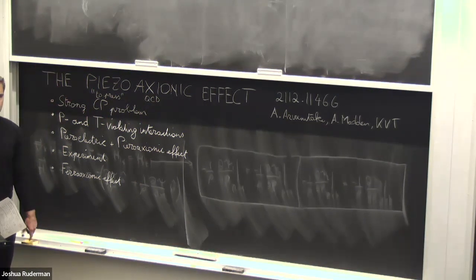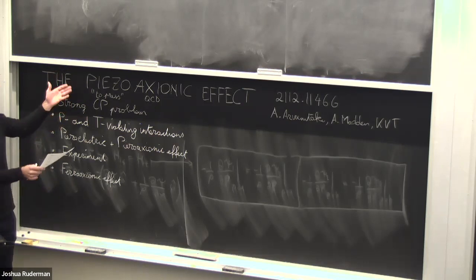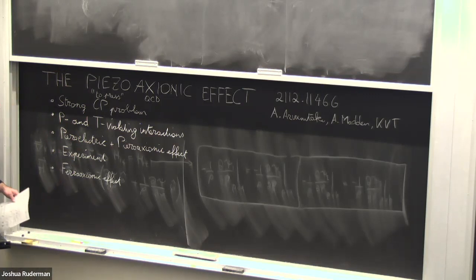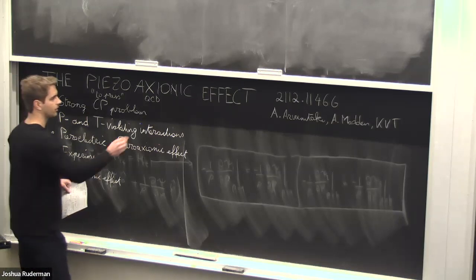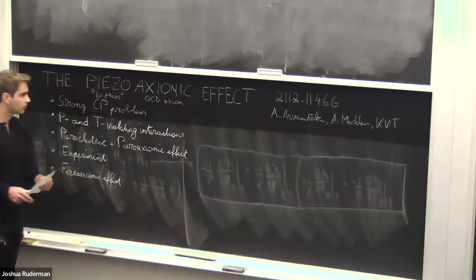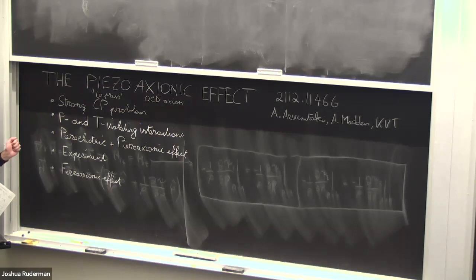In this paper, we discovered this effect on paper and we designed, or at least put out the experimental concept for a potential detector. That's towards the middle of the talk, but before I do that, I'm just going to review the motivation for the QCD axion, which is a theoretical puzzle in the standard model.